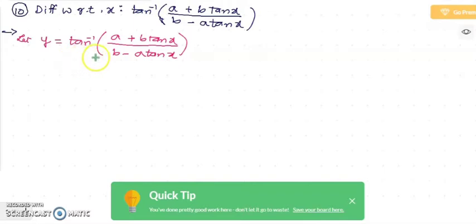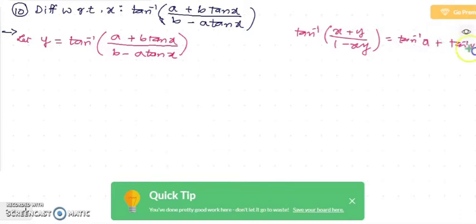Then we have to rearrange this expression inside the bracket in such a manner that we can use the formula tan inverse of (x plus y) divided by (1 minus xy) is equal to tan inverse x plus tan inverse y, or we have to use tan inverse of (x minus y) divided by (1 plus xy) is equal to tan inverse x minus tan inverse y.